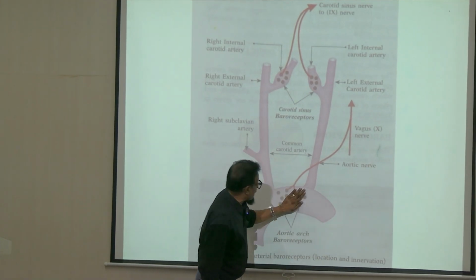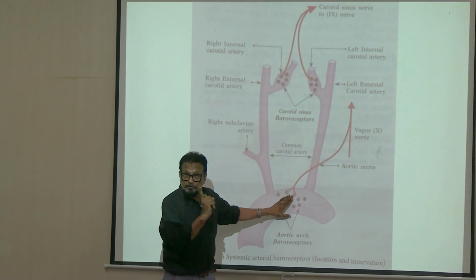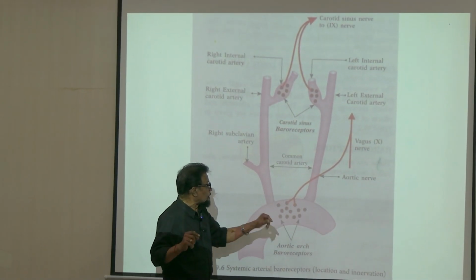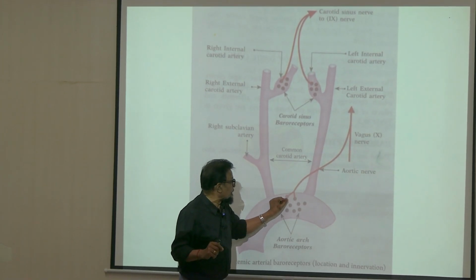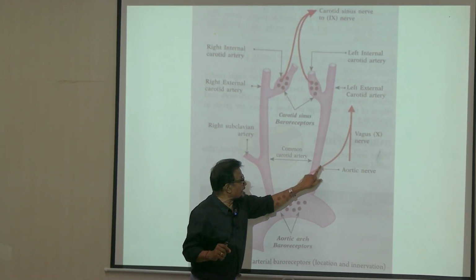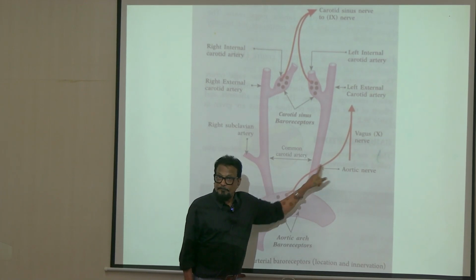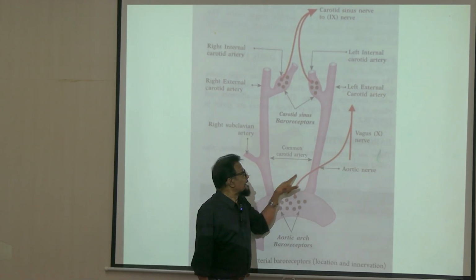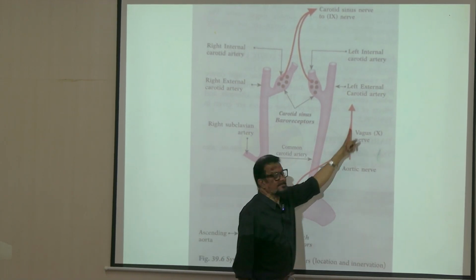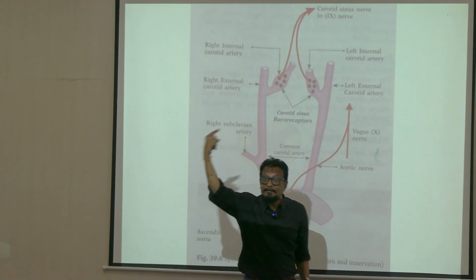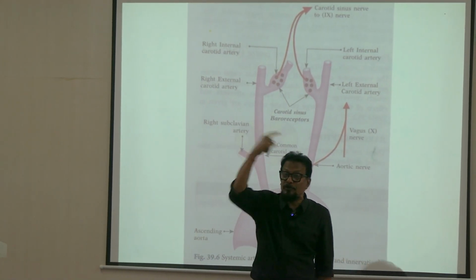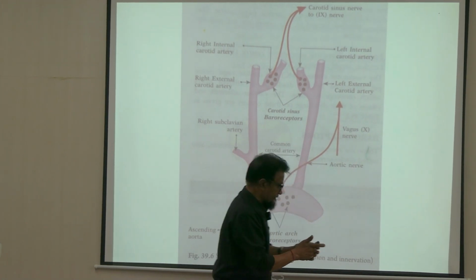Now it is important that you take note of how the impulse from these baroreceptors travels. What are the afferent nerves? The afferent nerve is the aortic nerve. This aortic nerve joins the 10th cranial nerve, which enters the medulla and joins the nucleus tractus solitarius.